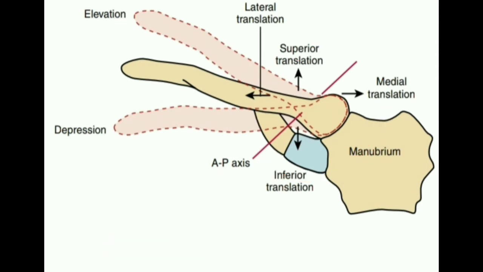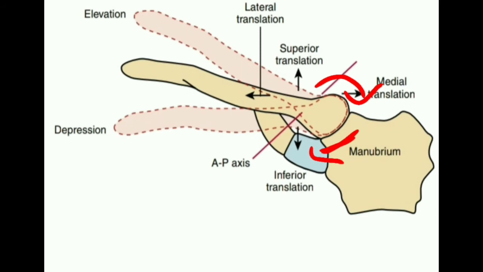So I think here you will understand that it rolls superiorly and glides inferiorly. Here you can see the superior part is rolling inside, so it rolls superiorly and glides inferiorly.